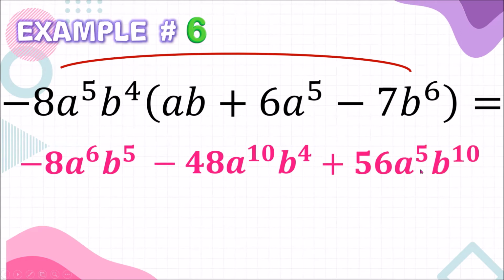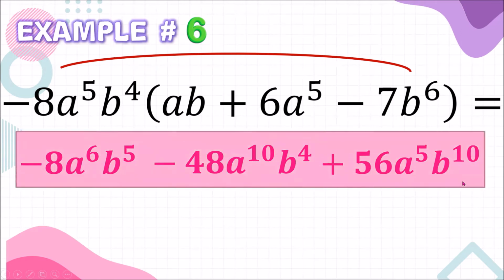So final answer, we have negative 8a to the 6th b to the 5th, minus 48a to the 10th b to the 4th, and 56a to the 5th b to the 10th.